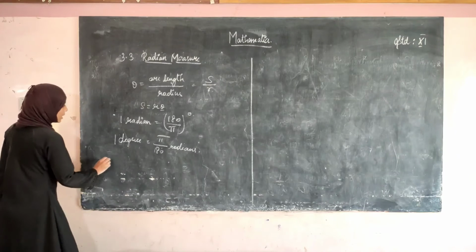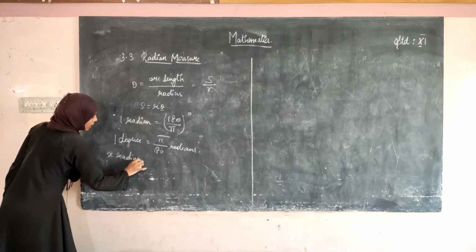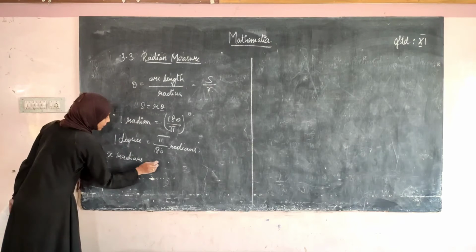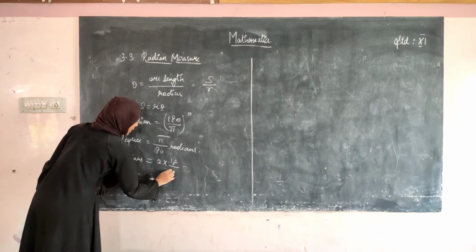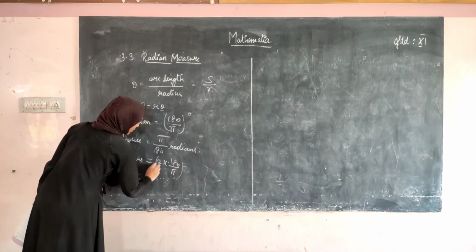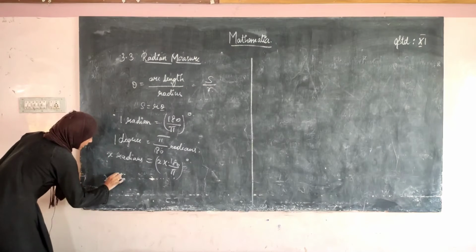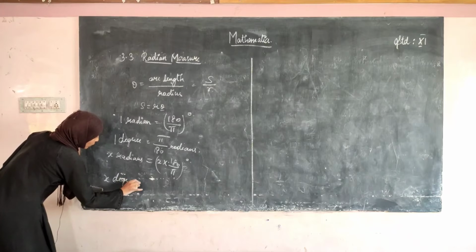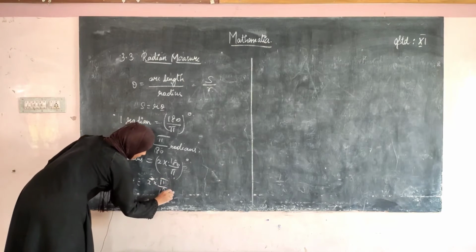So if you want to change x radians to degrees, what you have to do is x into 180 divided by pi degrees. If you want to change x degrees to radians, then x into pi divided by 180 radians.